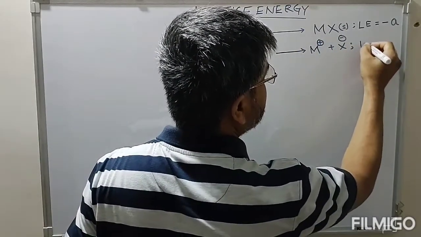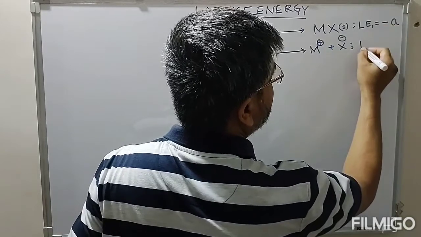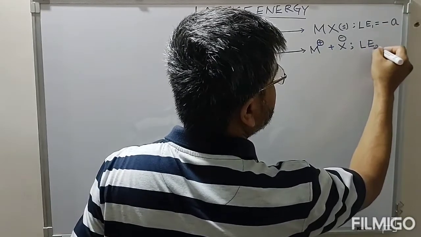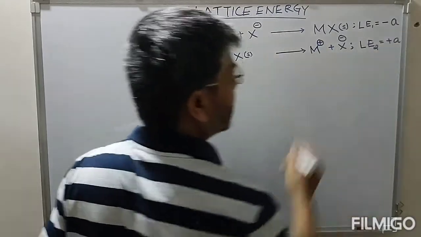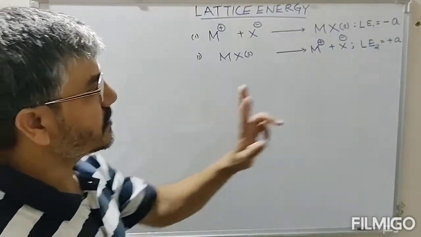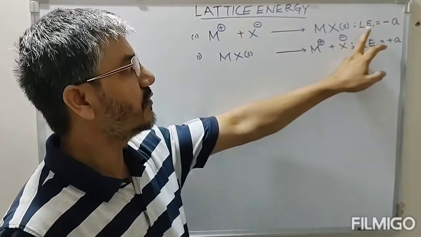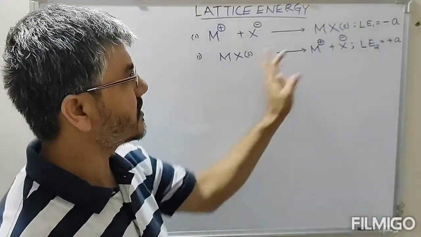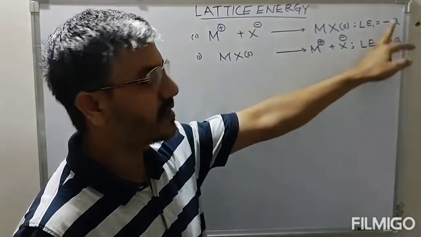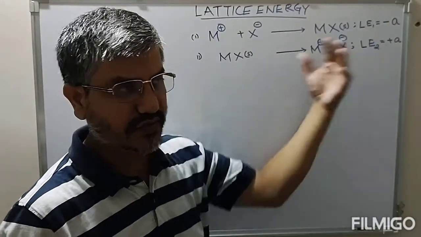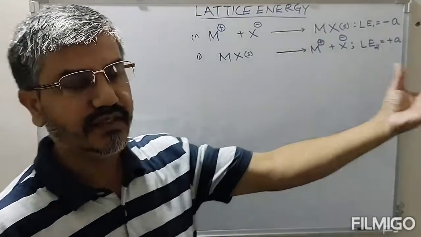In this case, the lattice energy is defined as plus A. So in both cases, the absolute value of lattice energy for the same substance defined in two different ways has the same numerical value, but the sign will be opposite. So this is the way we can define the lattice energy.